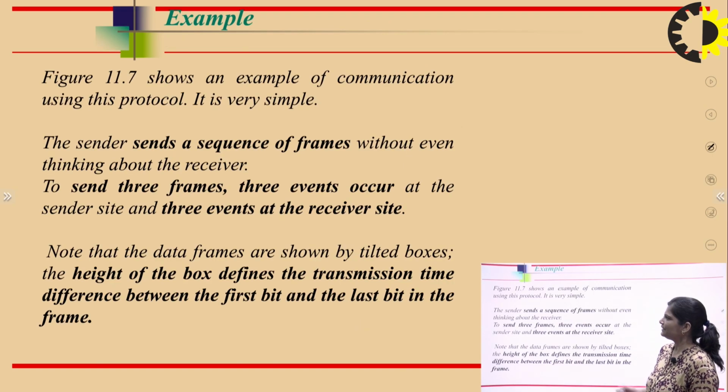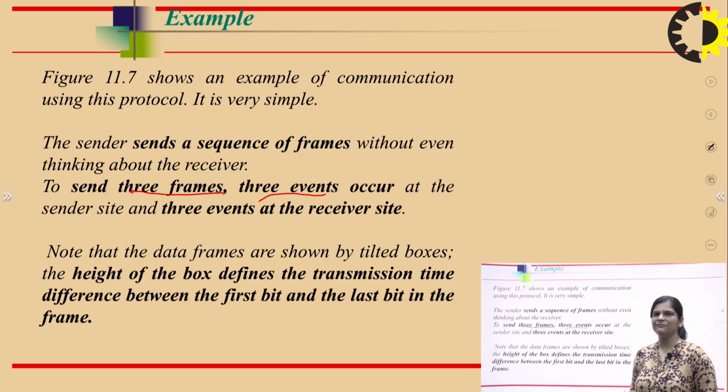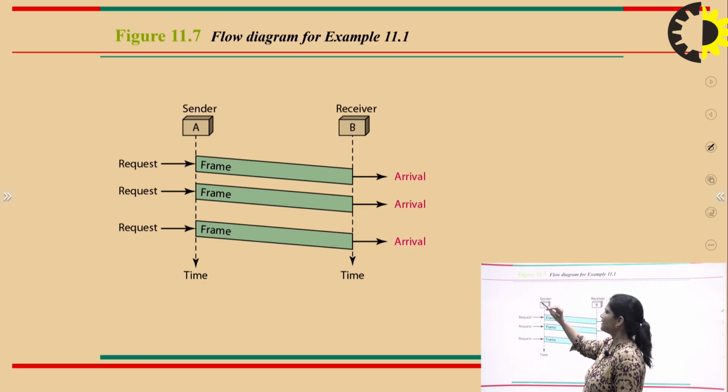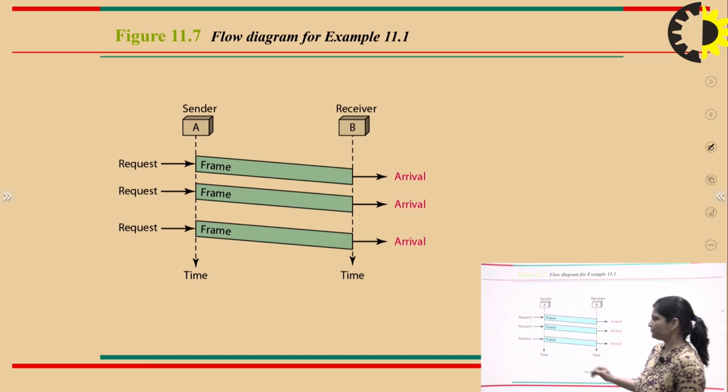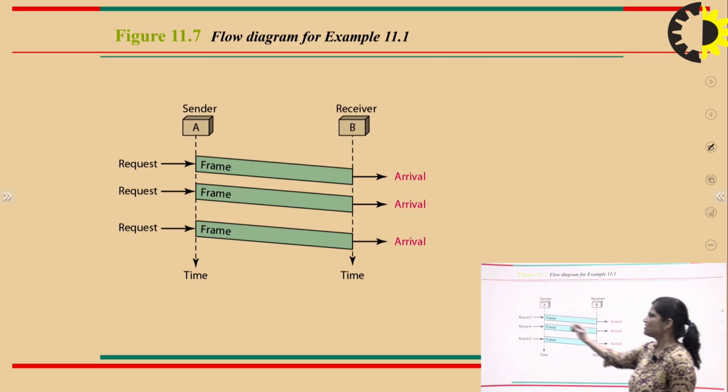Now if we take an example, if we are sending 3 frames, then 3 events occur at the sender side and 3 events occur at the receiver side. We can see the flow diagram when we send 3 frames from sender to receiver. This is the sender A and this is the receiver B. When we send 1 frame, this is a request, and this is an arrival at the receiver side.